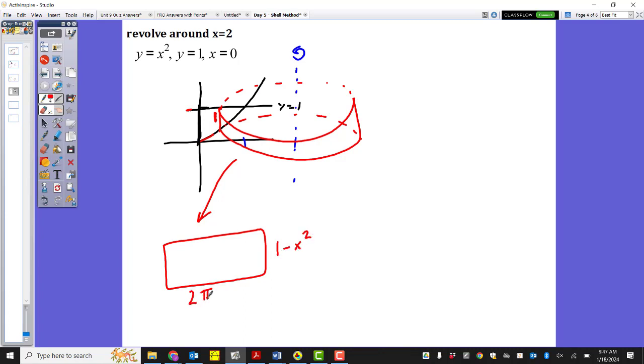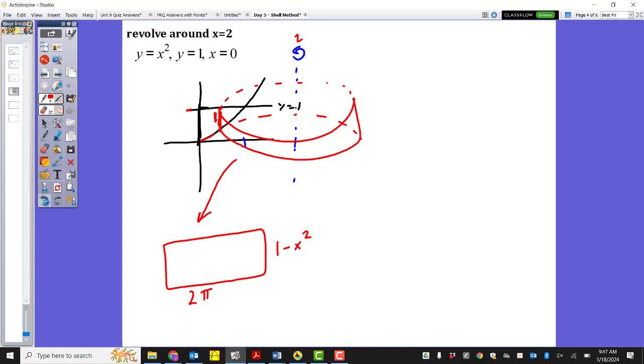Our width is still 2 pi r, but this time, this is our axis at 2. So we need the distance from the axis to x. Saying x minus the axis wasn't great. It's the distance from the axis to x. All of our x's in this shaded area are going to be smaller than the axis.